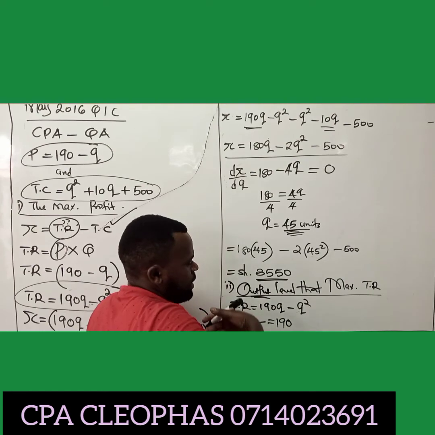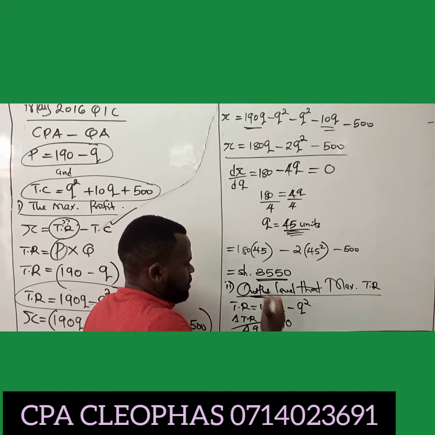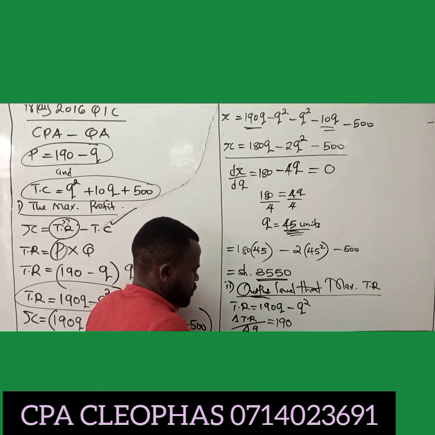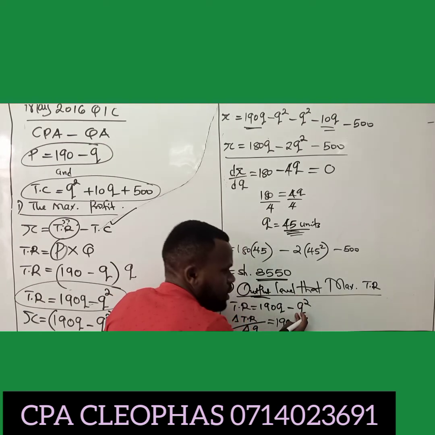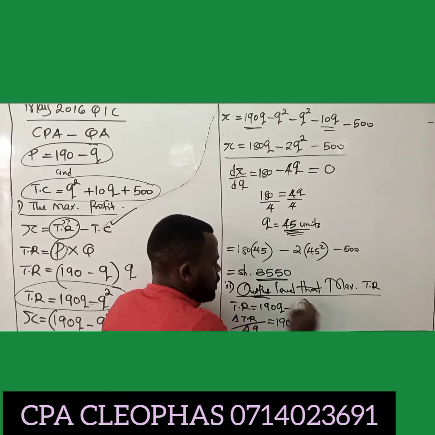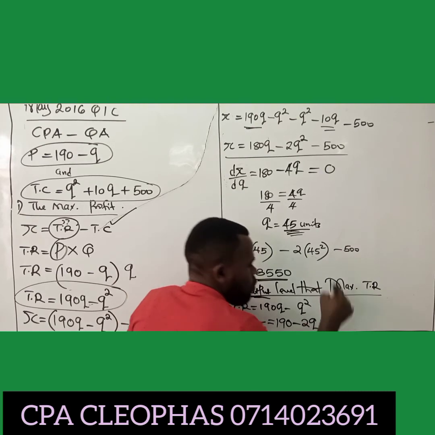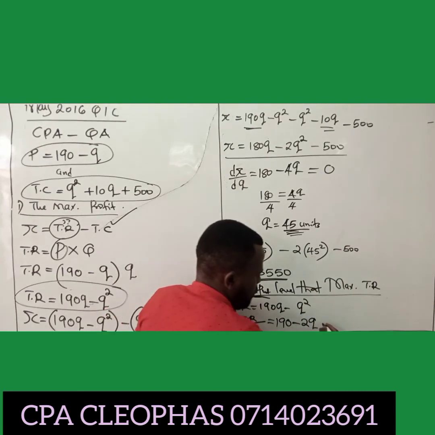Reduce the power by 1, the Q disappears, or it remains raised to power 0, and a number raised to power 0 is 1. Minus 2 times Q, there's a 1 here which we did not write, because we normally say Q, not 1Q. So 2 times 1 is 2. Q, reduce the power of Q by 1, raised to power 1.